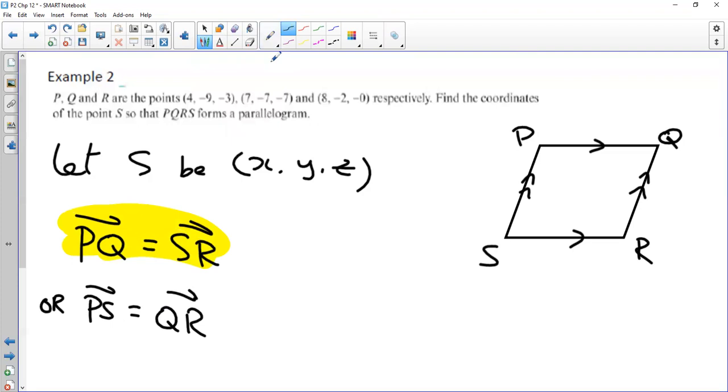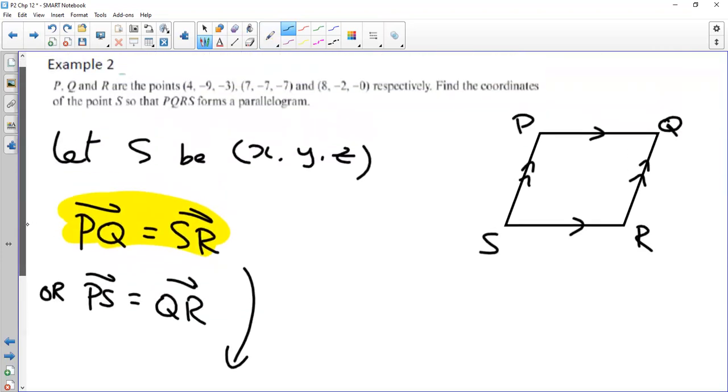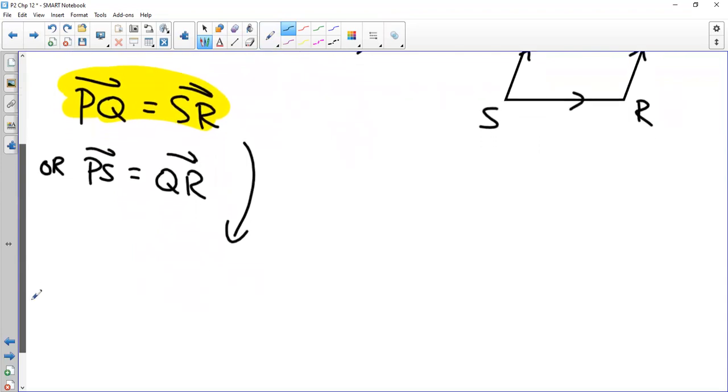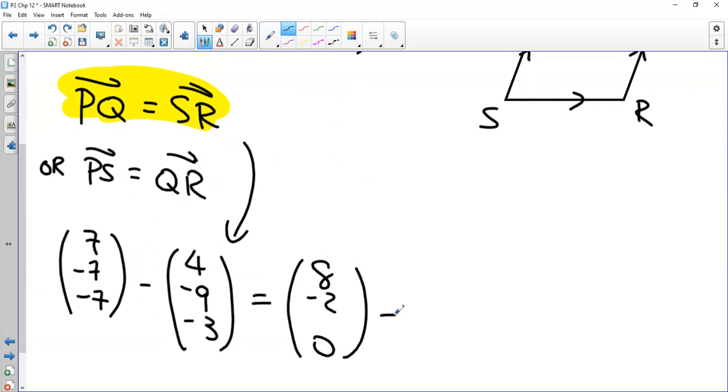So PQ equals SR. So PQ is Q minus P. Q is 7, minus 7, minus 7, minus P, 4, minus 9, minus 3, equals SR. So R take away S. 8, minus 2, 0, minus S.